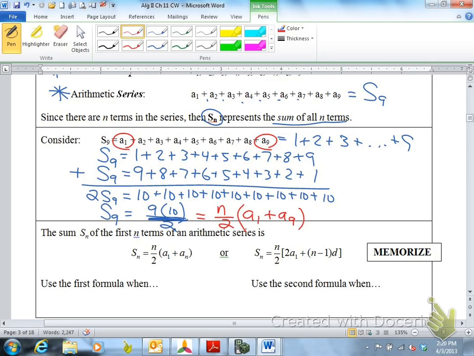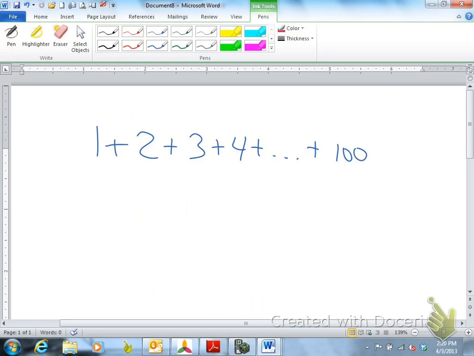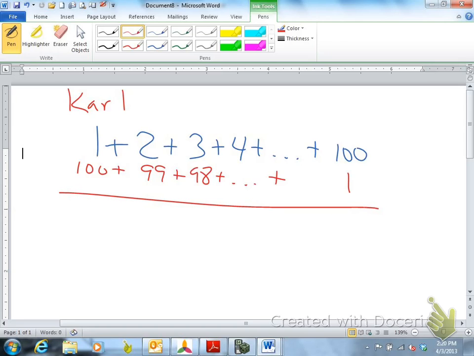So with this German student who had an idea to do it this way, his name was Carl. He said, well, this would be the same. So if I add these, I would get a bunch of 101s.